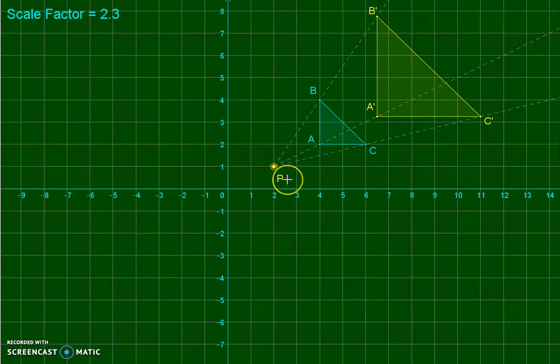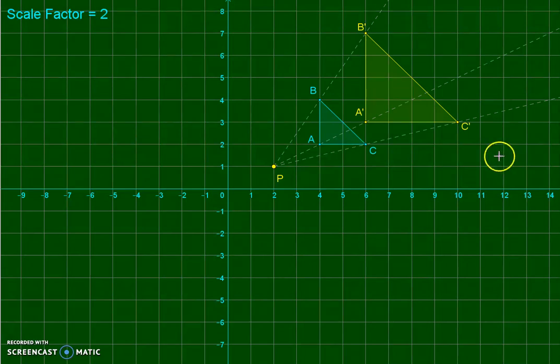What that implies, as we get to actually doing these dilations, is that we're going to have to account for the offset of this center of dilation from the origin in order to calculate the dilated figure. And that's going to make our calculations a little bit more complex, but it's not too terribly bad.